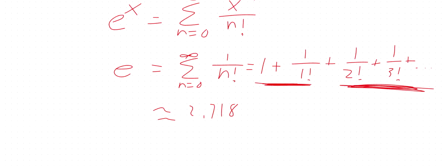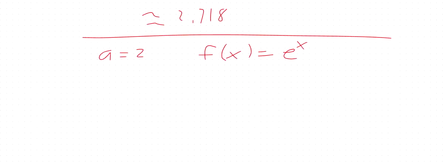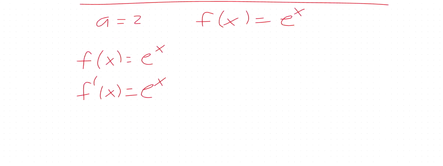So now let's do this same thing. Well, let's not do a Maclaurin series. Let's do a Taylor series, but we want our a to equal 2 and our function to be e to the x. So how does this change things? So we're still going to do the same thing we did before of make our list of all of our derivatives, and then plug in our a value.